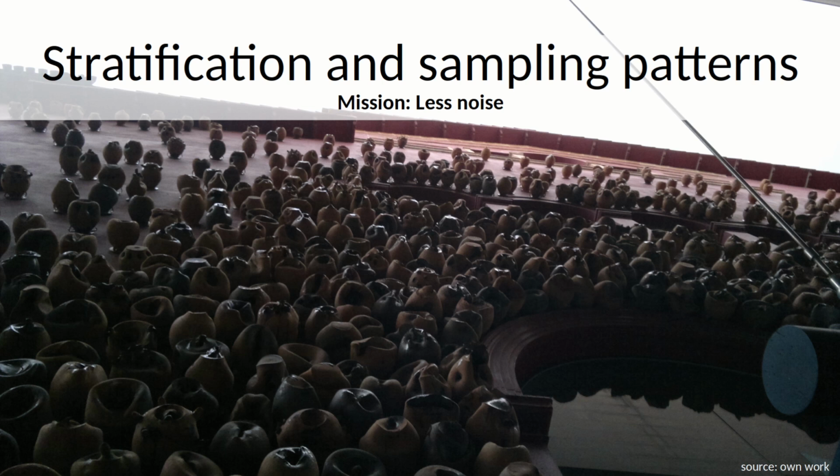We are now making a jump from looking at the result of rendering back to something which is related to the basic concept of integration and its implementation. So sampling patterns are a detail of the Monte Carlo integration. So this is an addendum to the Monte Carlo and sampling lectures. It's a bit away from the other topics that we covered today.